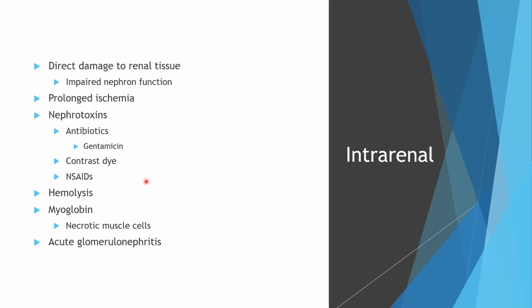We can have it with sepsis and some of our other chronic conditions. And then myoglobin. Myoglobin is going to be a result of necrotic muscle cells. We talked in rhabdomyolysis about how when our muscles break down, they release myoglobin. And myoglobin is really hard on our nephrons and can cause an intrarenal acute kidney injury.